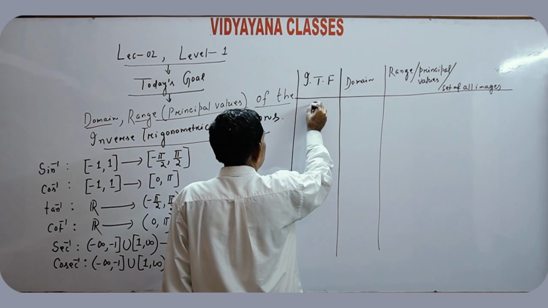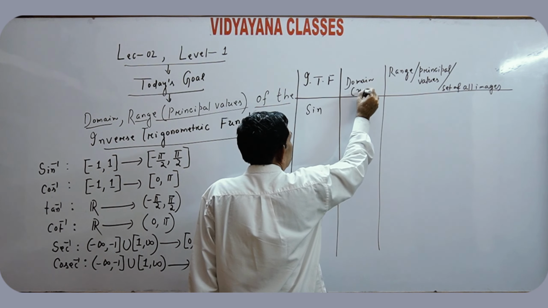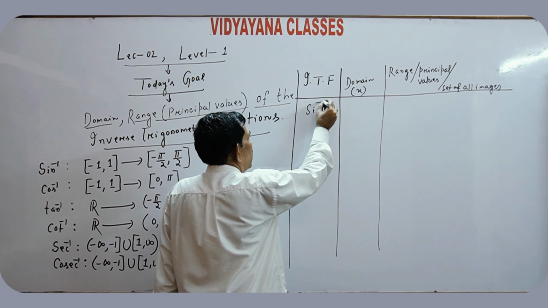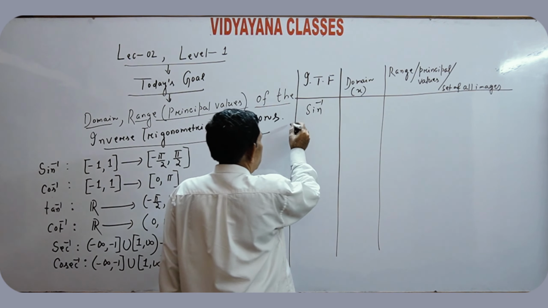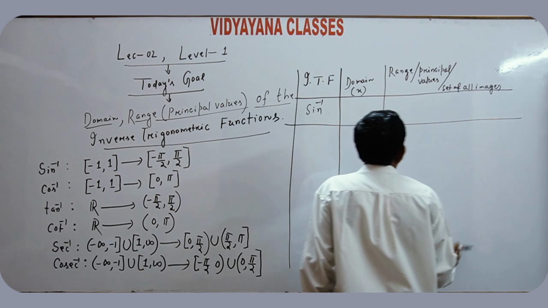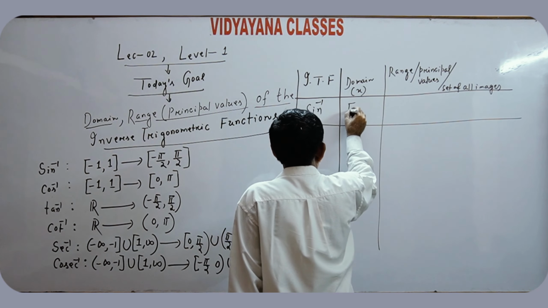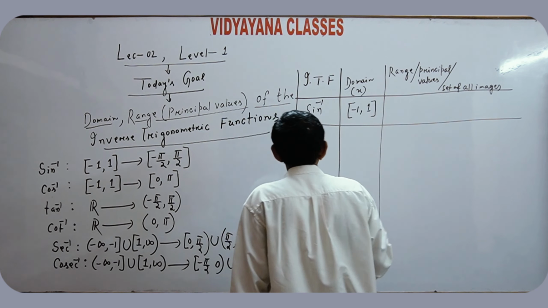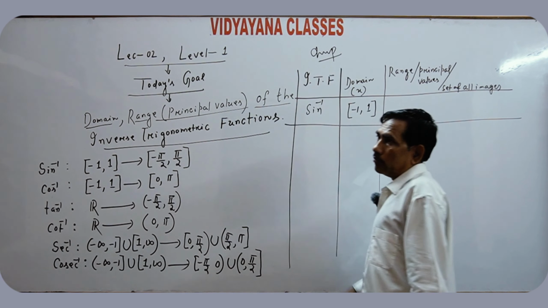First, sin inverse x. It is the domain set. Domain means collection of x values. Sin inverse is defined from this set to this set. So the domain is close bracket -1 and 1. Most important to solve the problems.